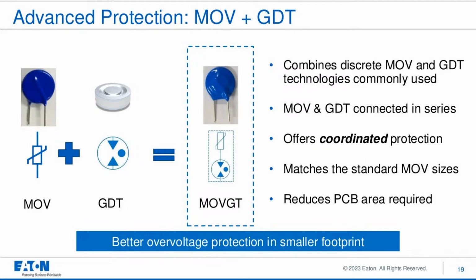Like the thermally protected MOV, the MOV GT offers the same landing pattern as a conventional MOV. The difference is that the thermally protected MOV does nothing to improve the life of the MOV, whereas the MOV GT will increase the life of the MOV, with the GDT absorbing transient peaks and isolating the MOV from nuisance noise in the circuit.